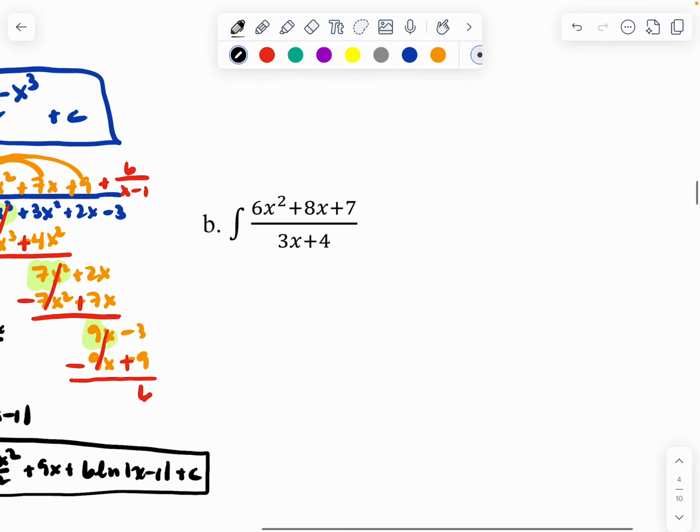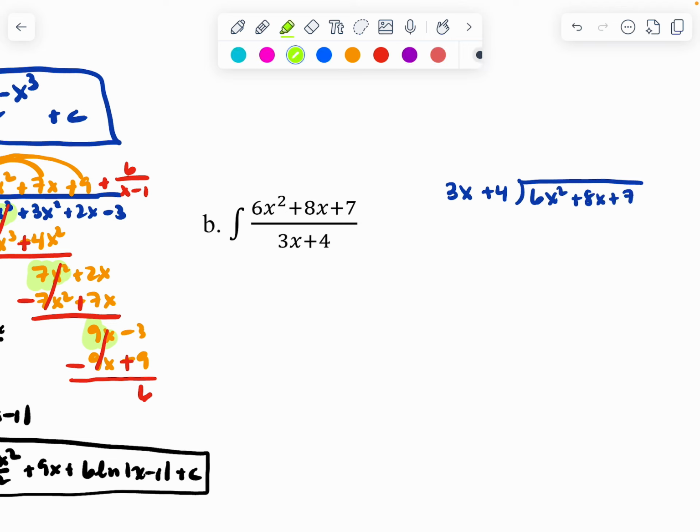Okay, so again, I'm going to do long division here. So let's go ahead and do that. So I have 3x plus 4 divided into 6x squared plus 8x plus 7. So I need to find out, what do I multiply 3x by to get 6x squared? That is going to be 2x. 2x times 3x is 6x squared. 2x times 4 is 8x.